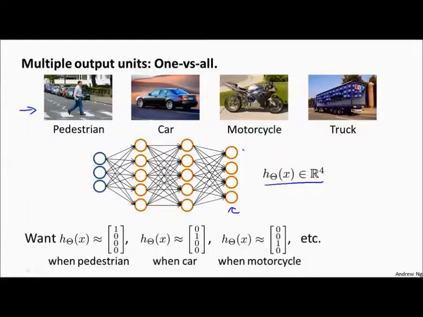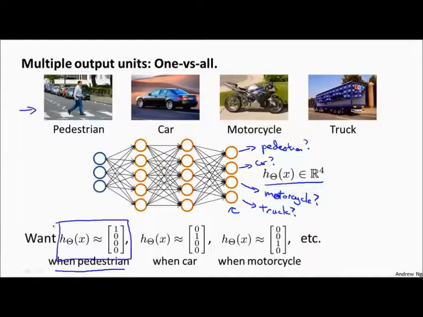And what we're going to try to do is get the first output unit to classify: is the image a pedestrian, yes or no. The second unit to classify: is the image a car, yes or no. This unit to classify: is the image a motorcycle, yes or no, and this to classify: is the image a truck, yes or no. And thus, when the image is of a pedestrian, we would ideally want the network to output 1000.